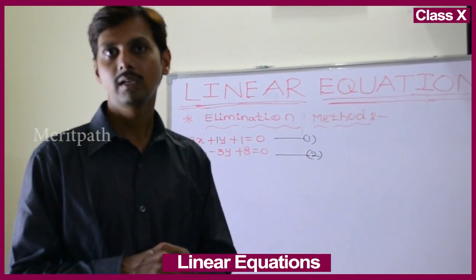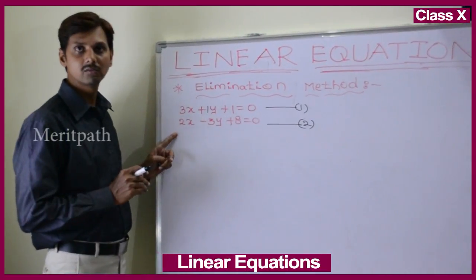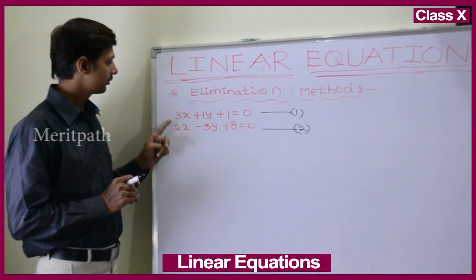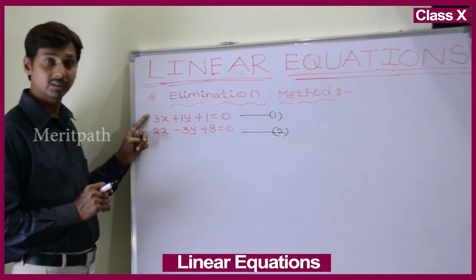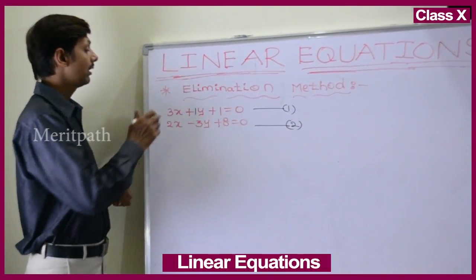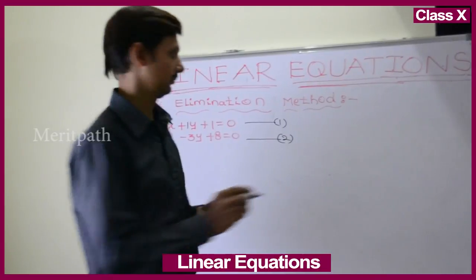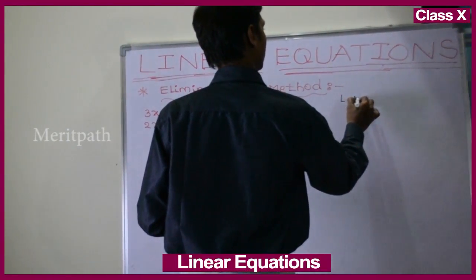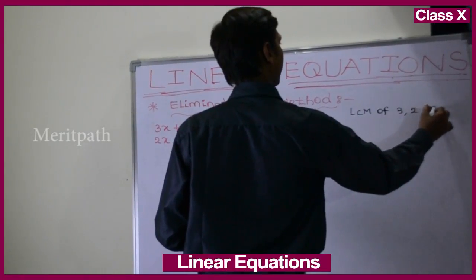So let us see how to make these coefficients equal. Here there is 3 for x in the first equation, and the coefficient of x in the second equation is 2. Let us make them equal. How? Take the LCM of 3 and 2. The LCM of 3 and 2 is 6.